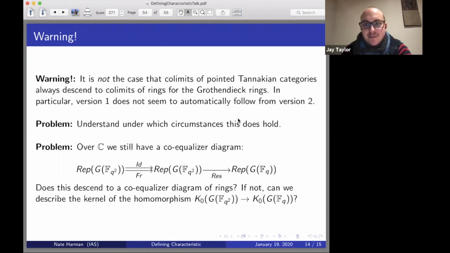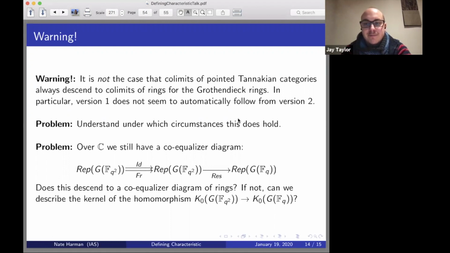Typically here, what you want to look at is what's known as Shintani descent, which is really only defined at the level of class functions and doesn't really have an interpretation at the categorical level.